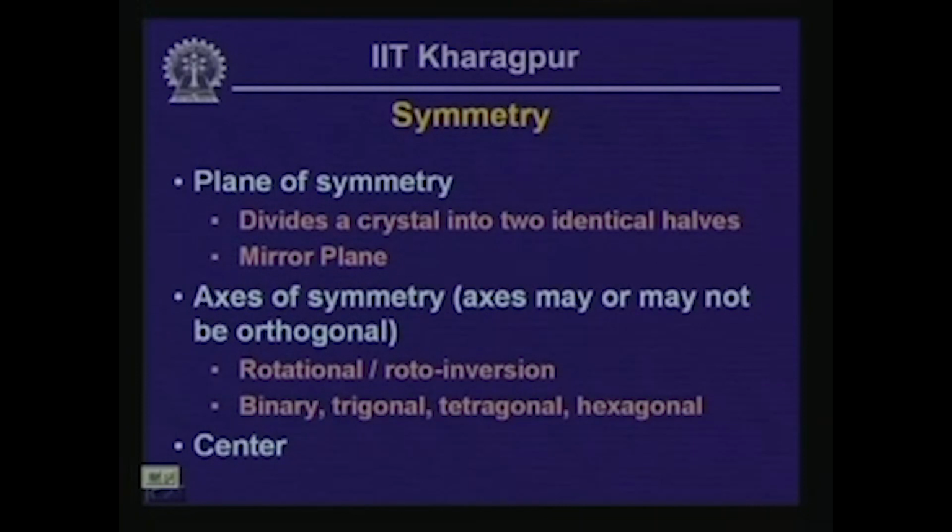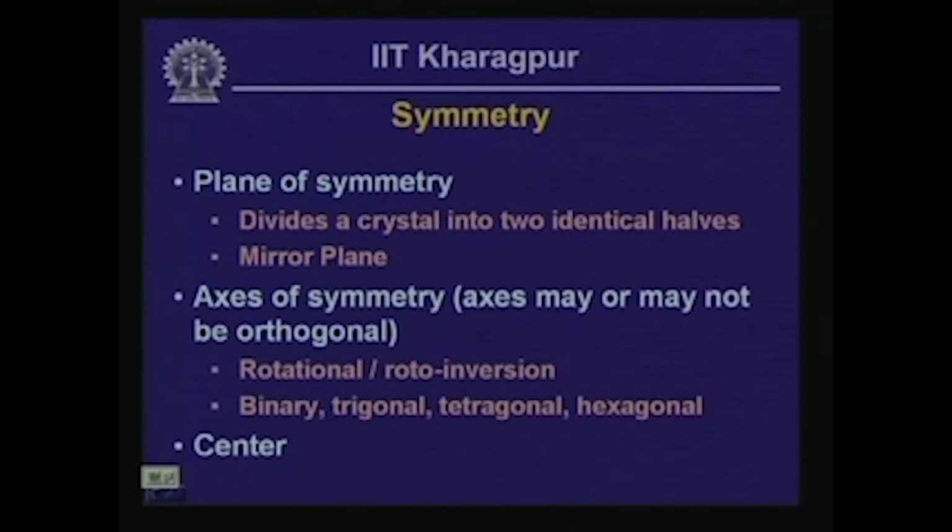That repetition generally occurs at discrete angles of rotation, and in that way there are several different ways of classifying symmetry. For example, we can have binary symmetry, trigonal symmetry, tetragonal symmetry, and hexagonal symmetry.